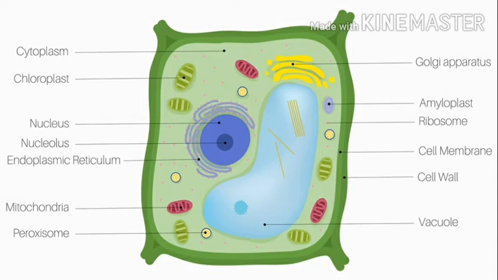So this cytoplasm is mainly made up of some types of salts, proteins, sugars and other substances that are dissolved in the fluid, and in the center there is a nucleus.